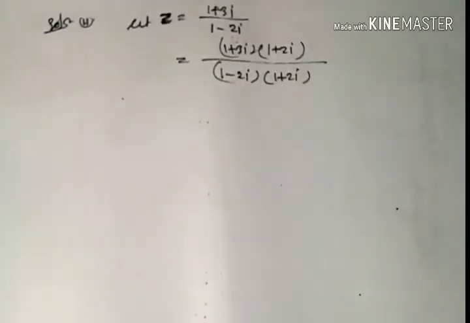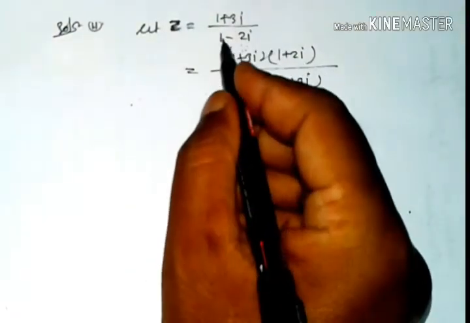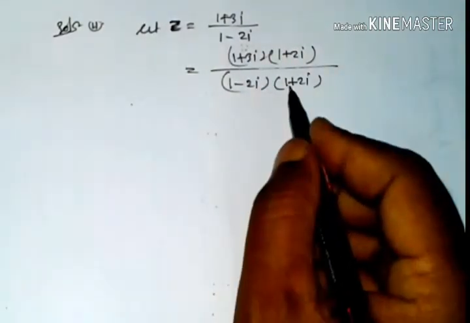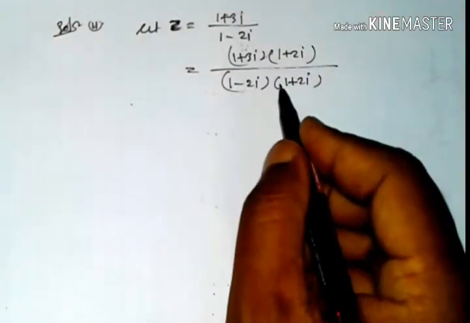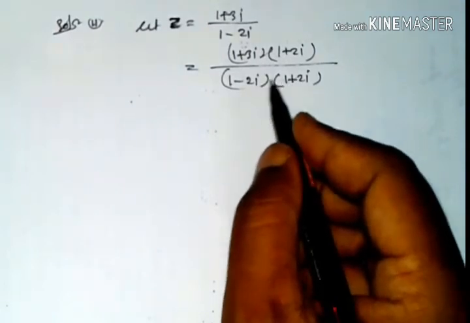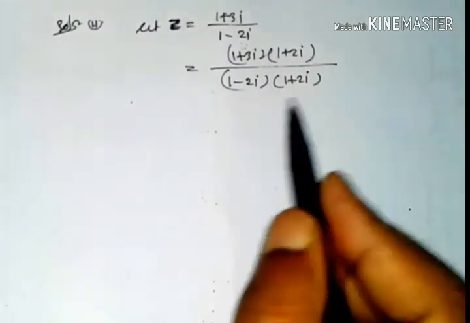So for this, we take the conjugate of 1 minus 2i, that is 1 plus 2i. We multiply it in the numerator also.